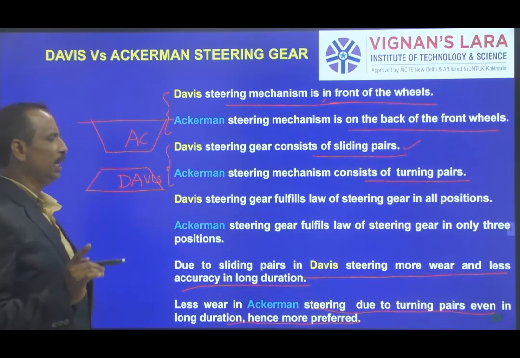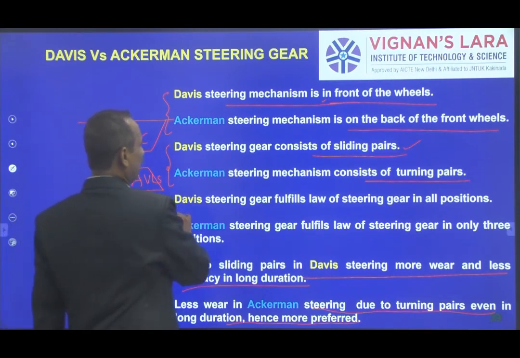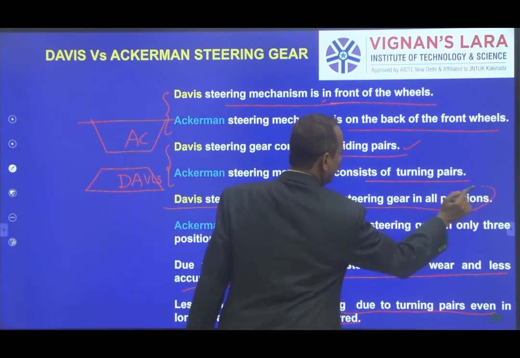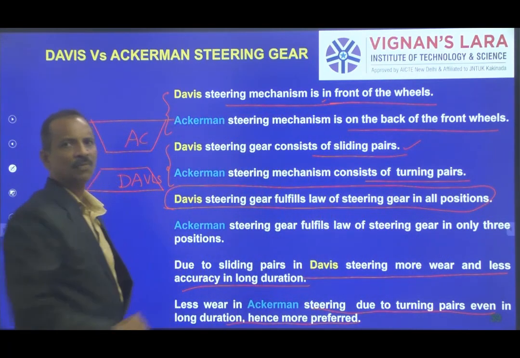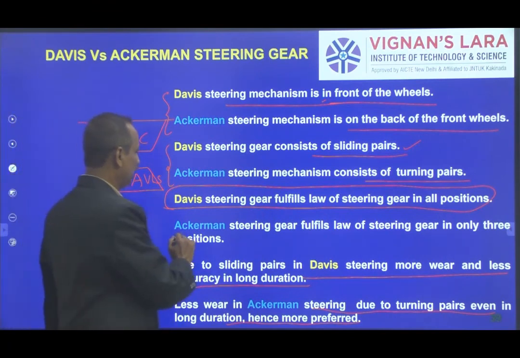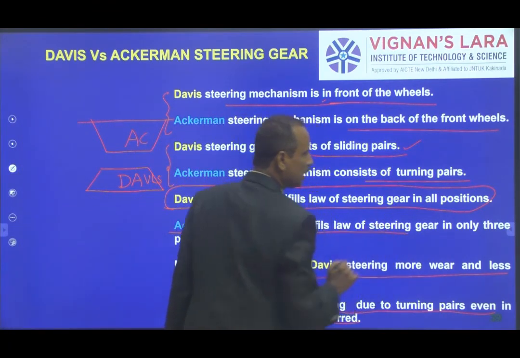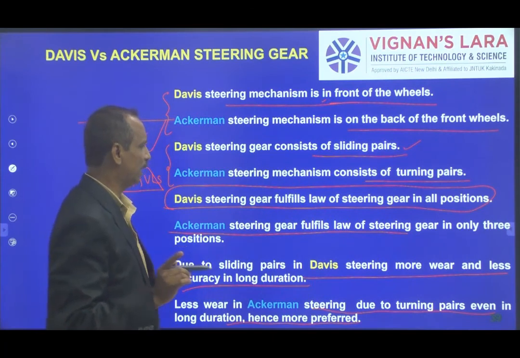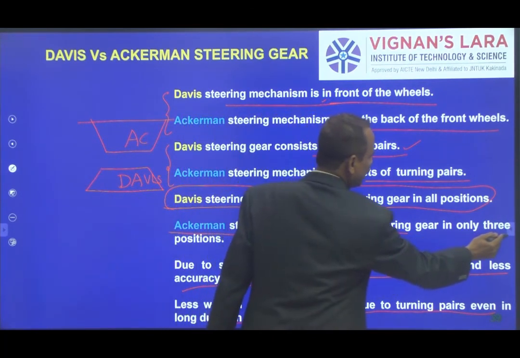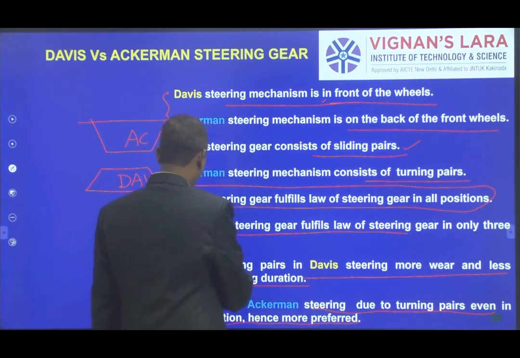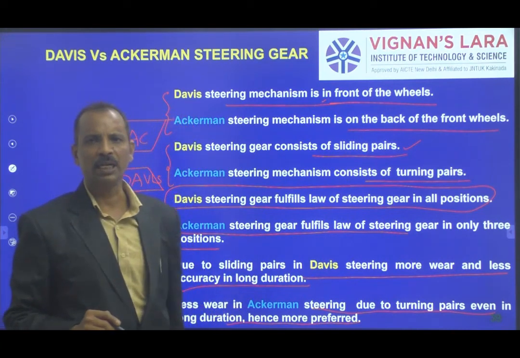And finally, in the Davis steering gear, the law will be fulfilled in all positions. But what about Ackerman's? It will give correct steering at only 3 positions, that is, 2 extreme positions and 1 middle position, isn't it?